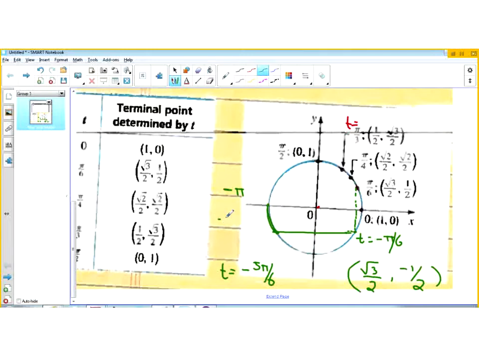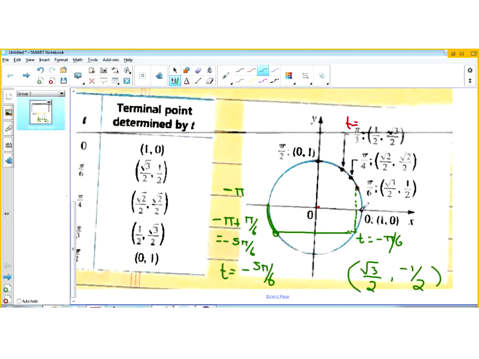So negative pi plus pi over 6 is equal to negative 5 pi over 6, and that would be right here at this point.